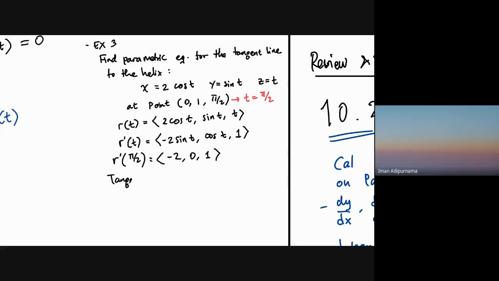So the tangent line is the line through this point and parallel to this vector.